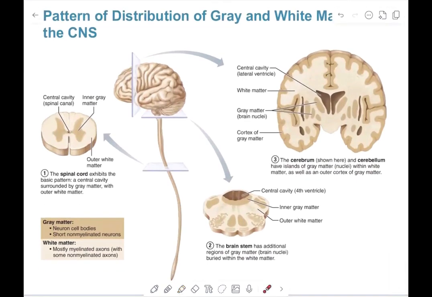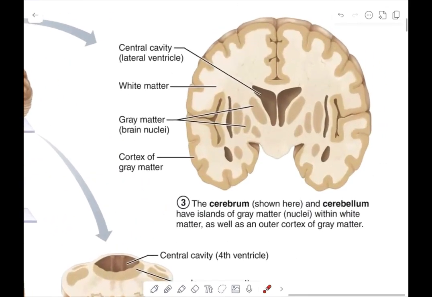So first of all, we're taking a frontal or a coronal section here, and we are blowing it up. In this image, we can see the central cavity, specifically the lateral ventricles. And the ventricles are hollow spaces, and those hollow spaces are filled with cerebrospinal fluid, abbreviated as CSF.